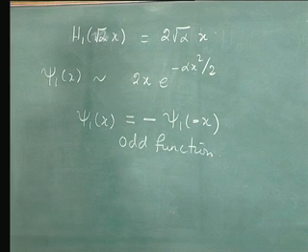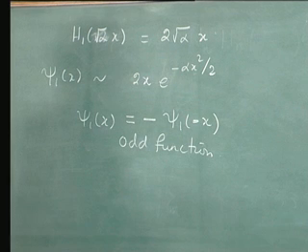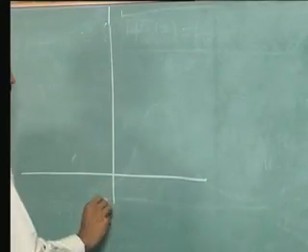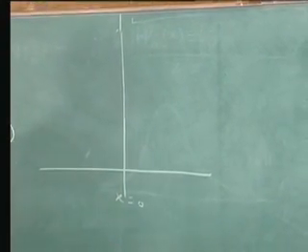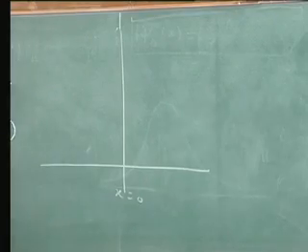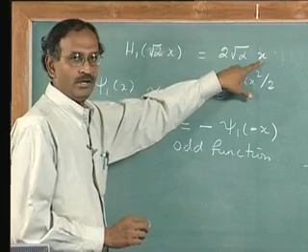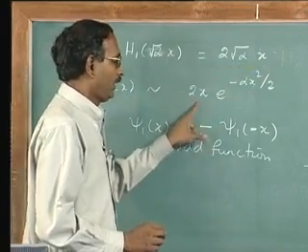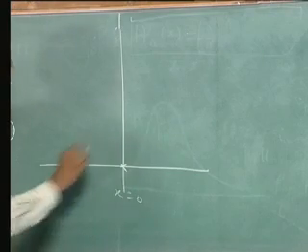So if you plot this, again with x equal to 0, because it is x multiplied by the exponential, at x equal to 0 the function is 0.